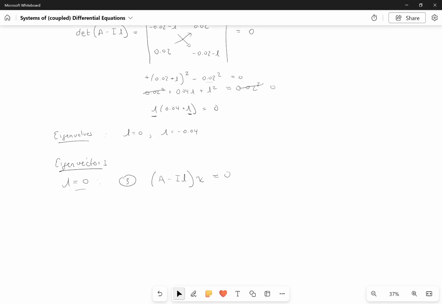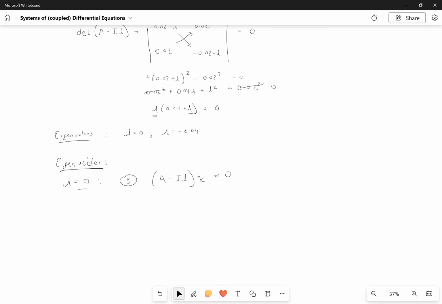So A minus I lambda with lambda equals 0 is just A. So the equation is, we're going to have negative 0.02, 0.02, 0.02, negative 0.02, okay, and times x.